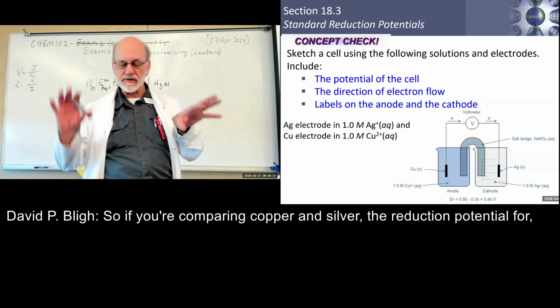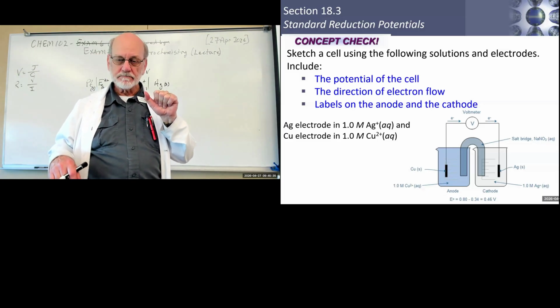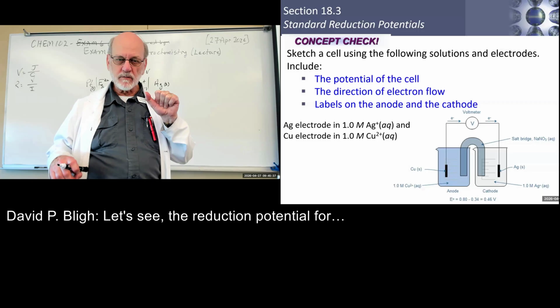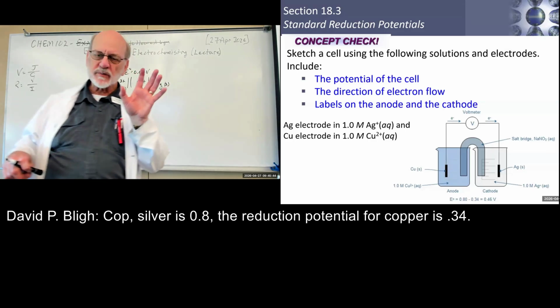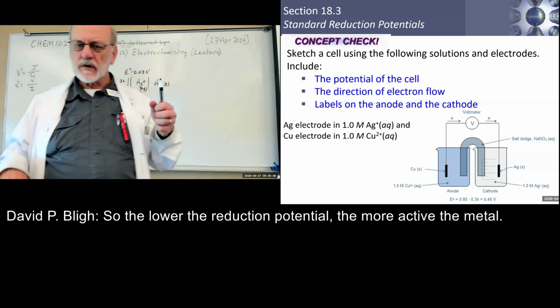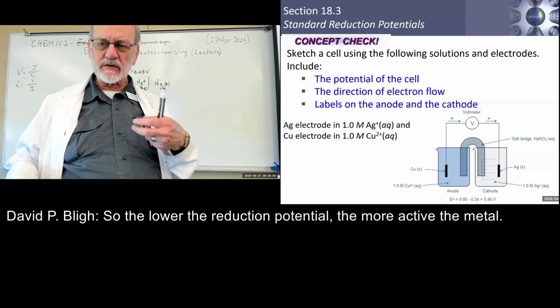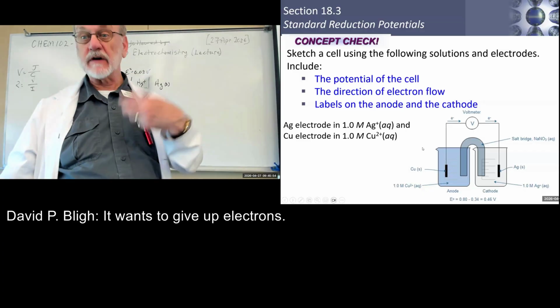So if you're comparing copper and silver, the reduction potential for silver is 0.8. The reduction potential for copper is 0.34. So the lower the reduction potential, the more active the metal. It wants to give up electrons.